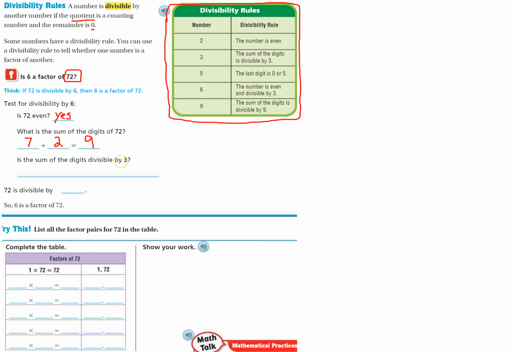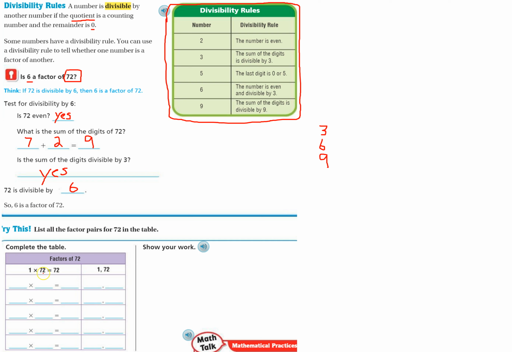Is the 9 divisible by 3? Yes. Because if we count by 3's, 3, 6, 9, we will land on a 9, so 9 is divisible by 3. So 72 is divisible by 6, what we started with. So 6 is a factor of 72. Okay.